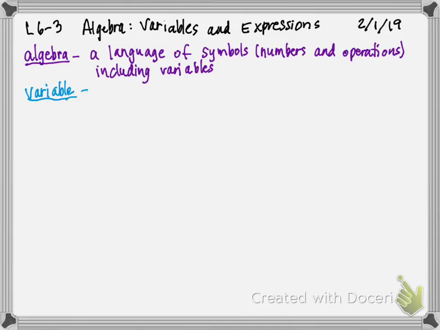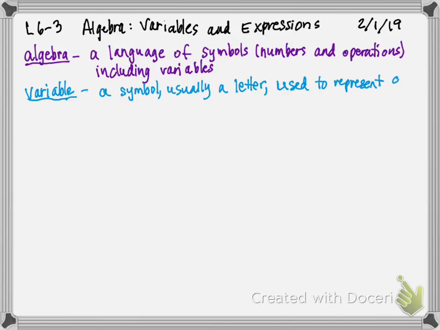And that's going to be a symbol, usually a letter, used to represent an unknown value. So something we don't know. We hold the place with a letter called a variable so that we can explore possible answers.